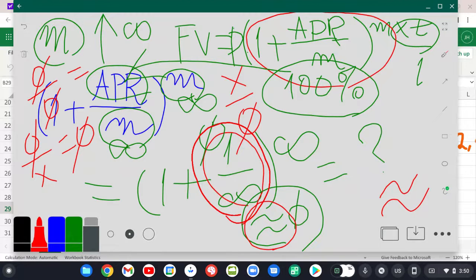So if 1 over infinity is 0, problem solved. It's an easy question. However, as I said, 1 over infinity is not 0. It is an infinitesimally small number, close to 0 but not 0. So 1 plus 1 over infinity is something slightly greater than 1.